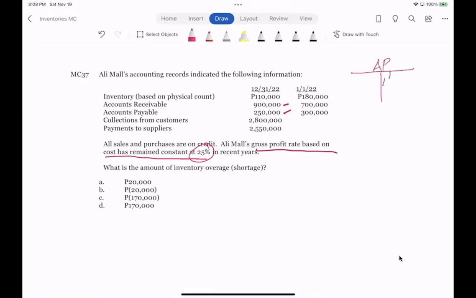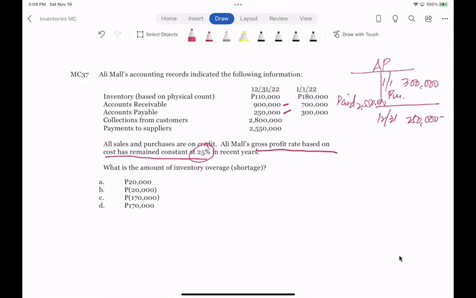We have January 1 balance of 300,000 and December 31 balance is 250 and paid during the period is 2,550,000.